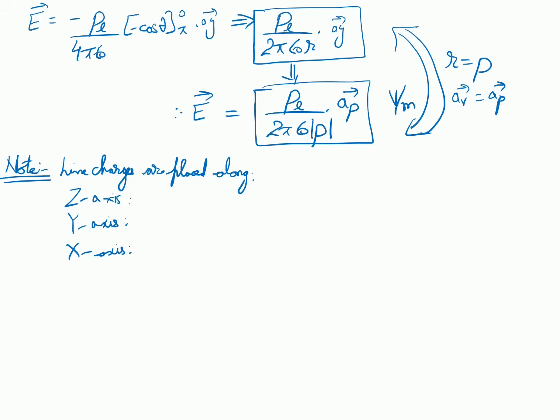If it is placed along the z axis, then dEz will become 0, because they will cancel each other out as per symmetry. For the y axis, dEy will become 0, and for the x axis, dEx will become 0 because of the symmetry in the positive and negative axis.